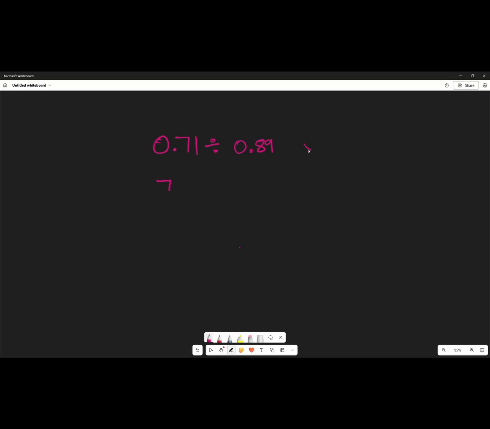You can use fractions, or you can do long division. So the long division method is 0.71 divided by 0.89.